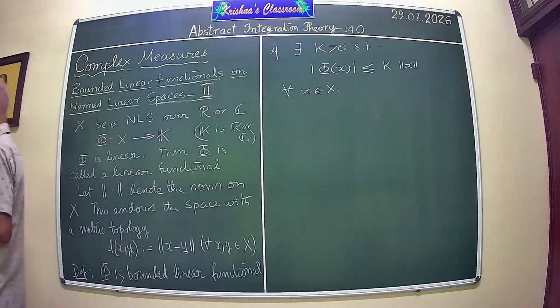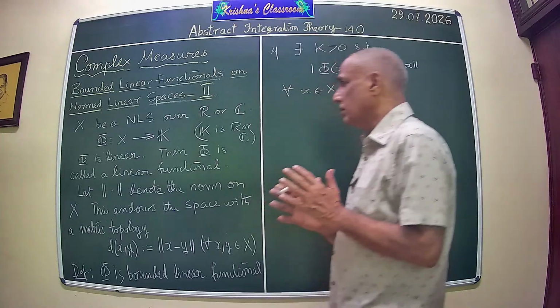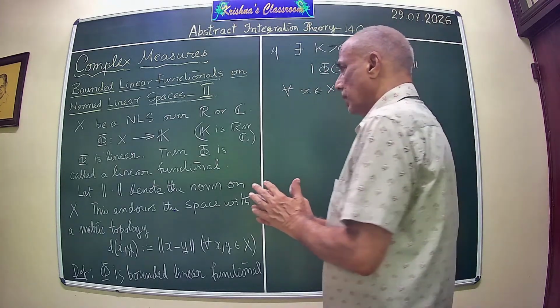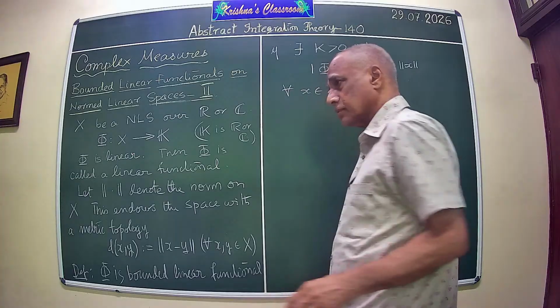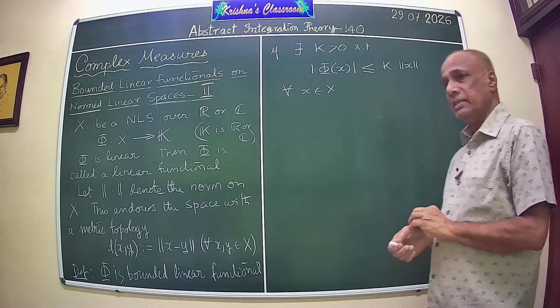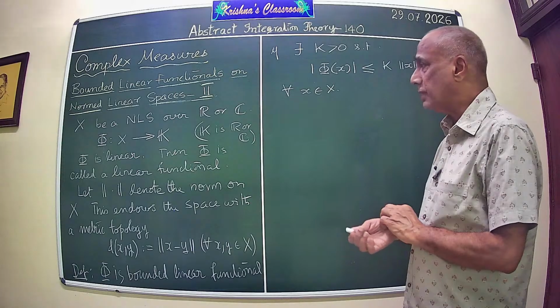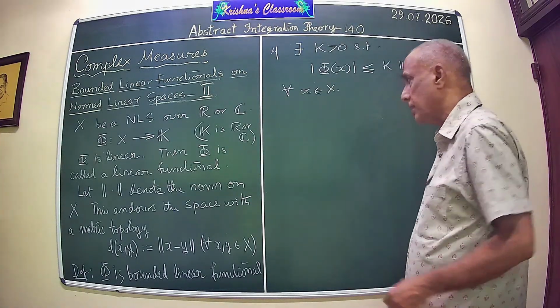Now look at phi. Phi is essentially a linear transformation from a linear space into another linear space because K is already a linear space. Therefore, it's a normed linear space. So it is from one normed linear space into another normed linear space.